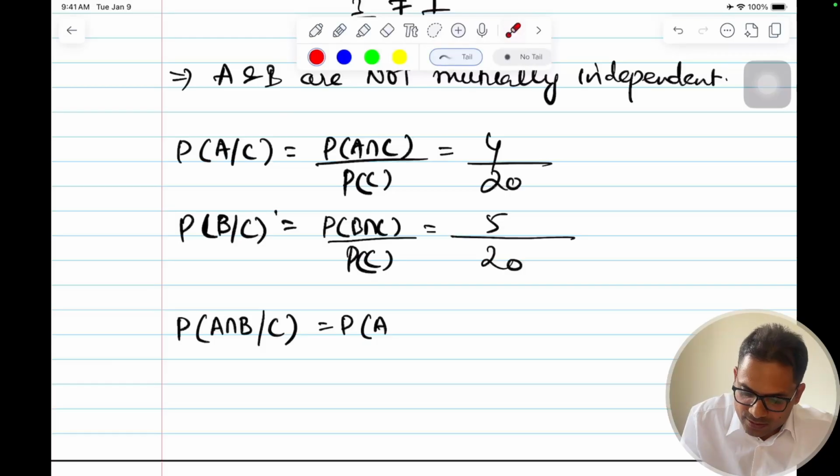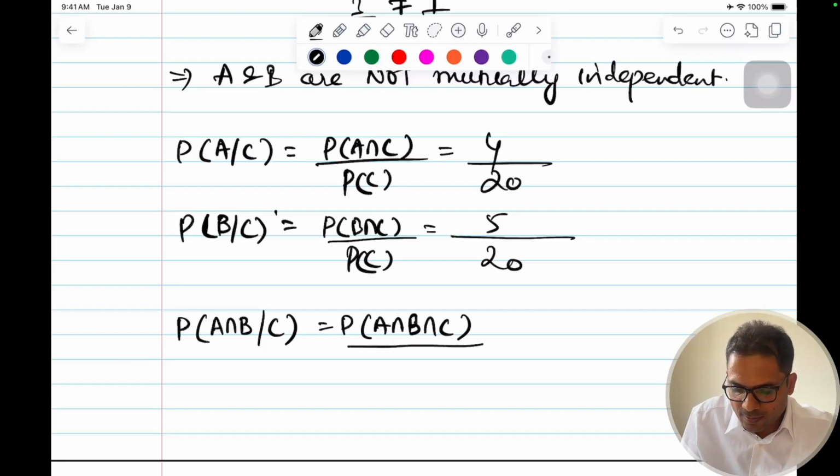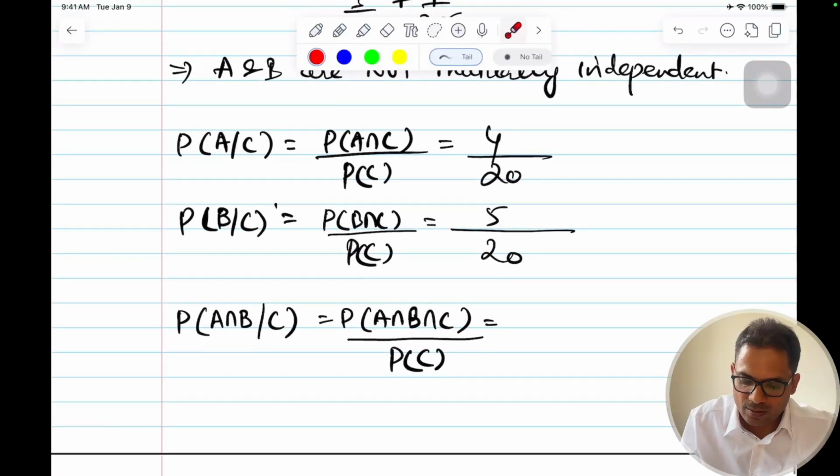If you consider this as one element, say for example this is X and this is Y, then this will become P of X intersection Y. So X is A intersection B, intersection C. This whole will become A intersection B intersection C by probability of C. So what is probability of A intersection B intersection C?